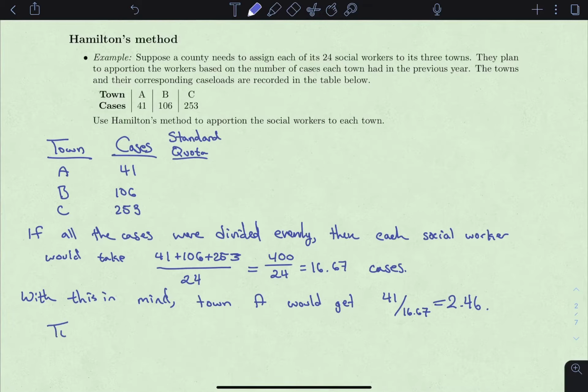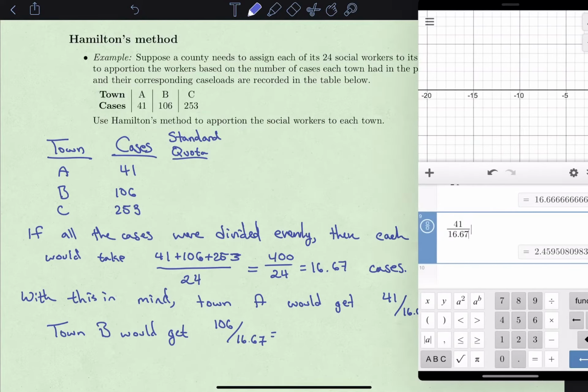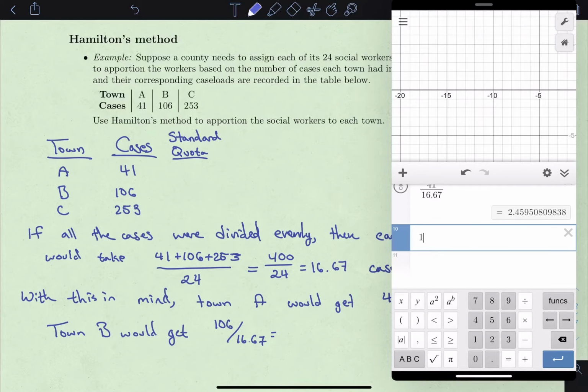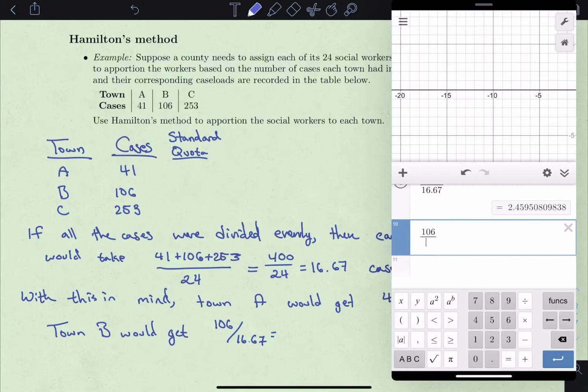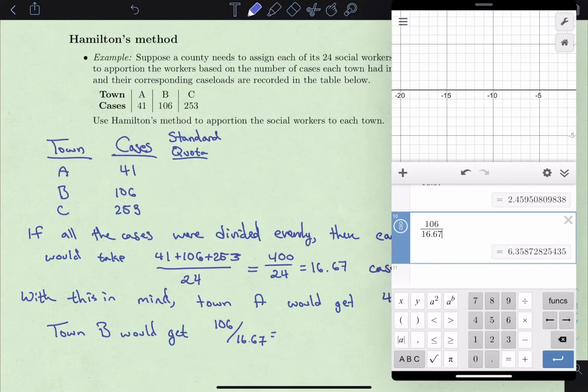Town B would get, so they have 106 cases. We'll divide it again by 16.67. So we should be expecting more than twice as many social workers. 106 divided by 16.67. And sure enough, 6.36 social workers.